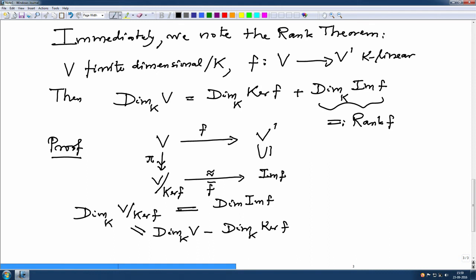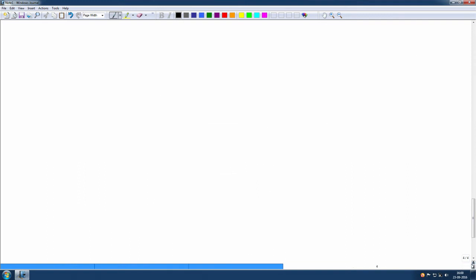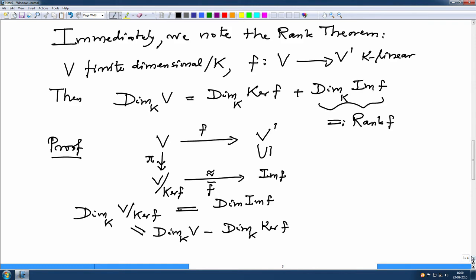Also, we can deduce the dimension formula easily now. So let me make it clear. Either use the rank theorem to prove this formula or prove this formula to use the rank theorem. It depends on what one assumes and what one proves.